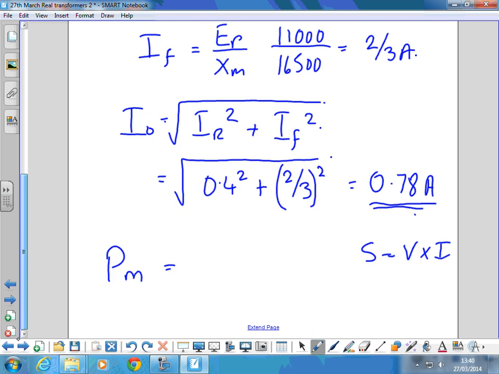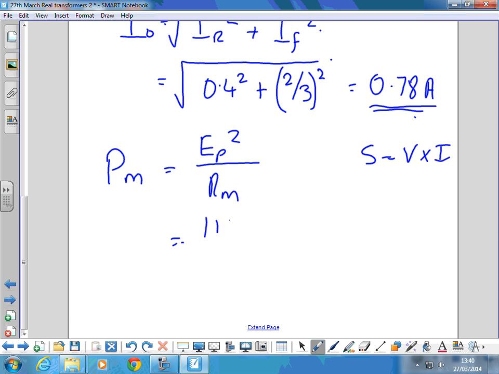In this case, as you've been given what the voltage applied is, and you've been given the core resistance, you'd probably go with those. So you'd go EP squared over RM.